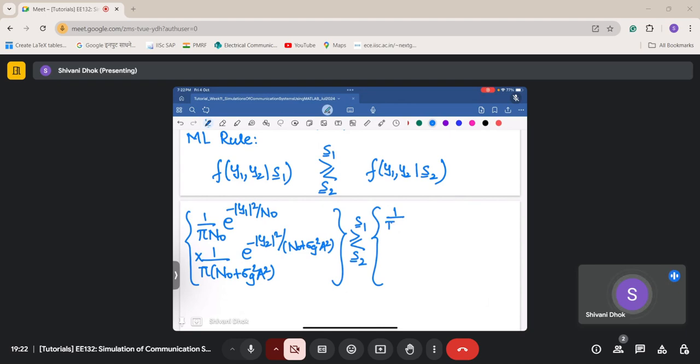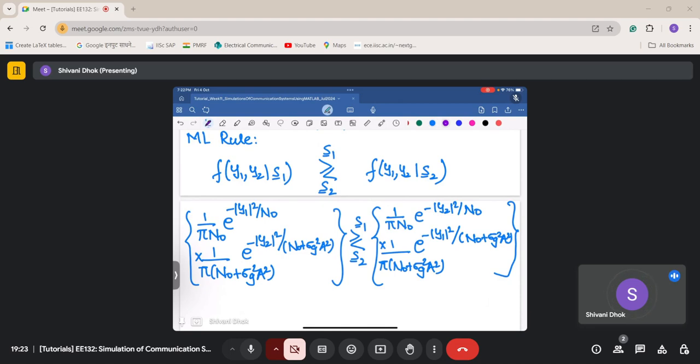One over pi n naught e power minus y2 square by n naught into 1 over pi n naught plus sigma g square a square e power minus magnitude of y1 square divided by n naught plus sigma g square a square.